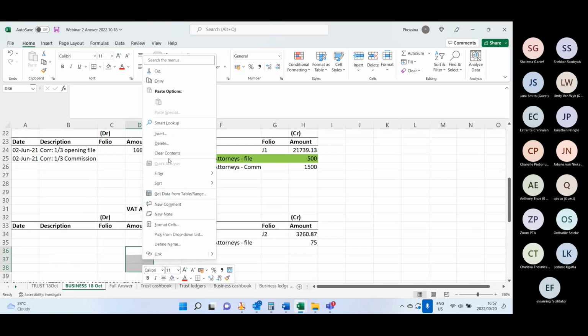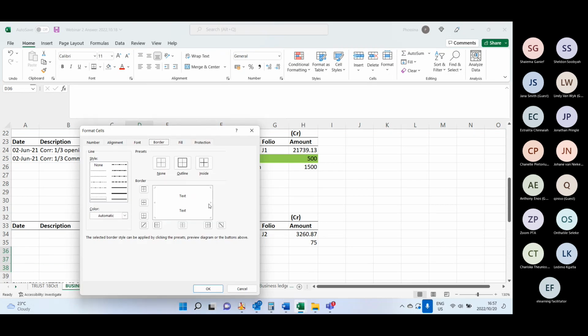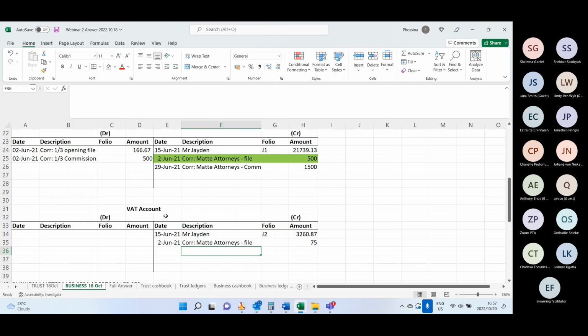And when we collect VAT on our fee, then that VAT, we also have to pass it over to our correspondent. So in this case, where we have 166.67 that we are giving our correspondent, and also to the VAT account, we also give them 15% of that. See, like that.